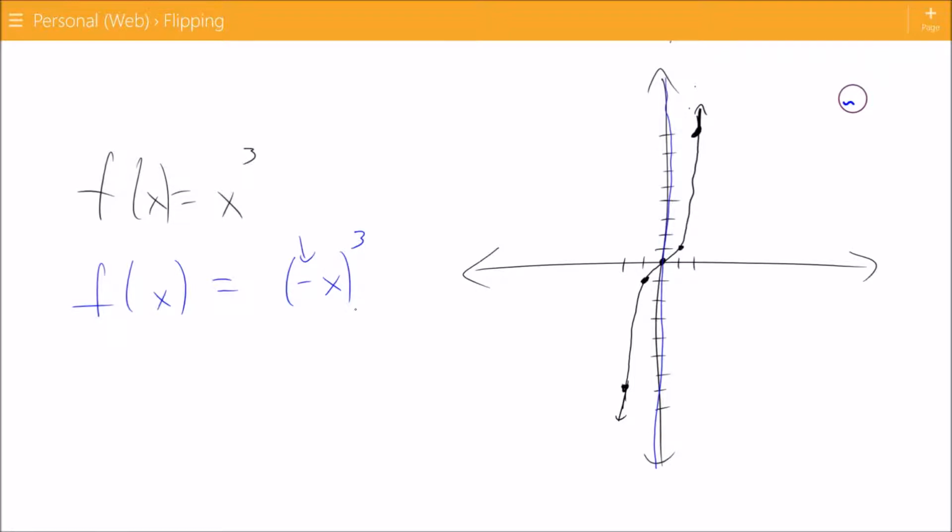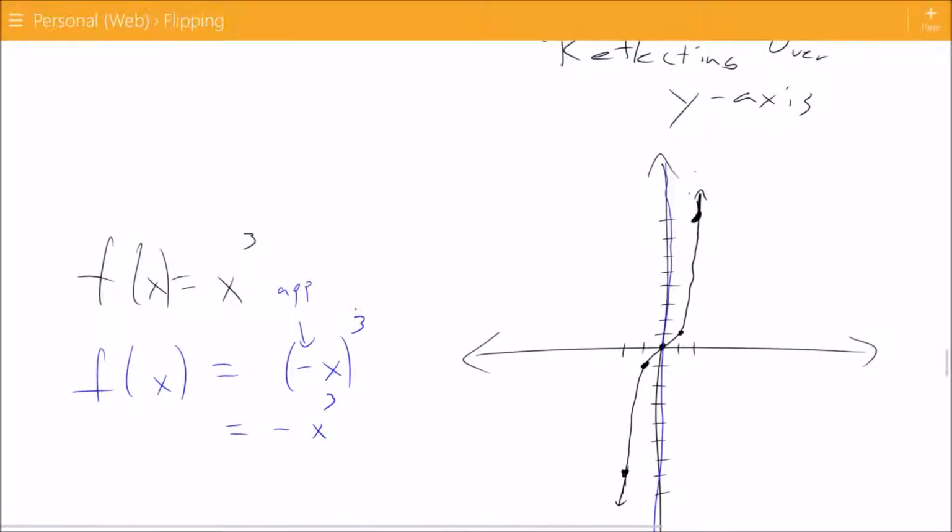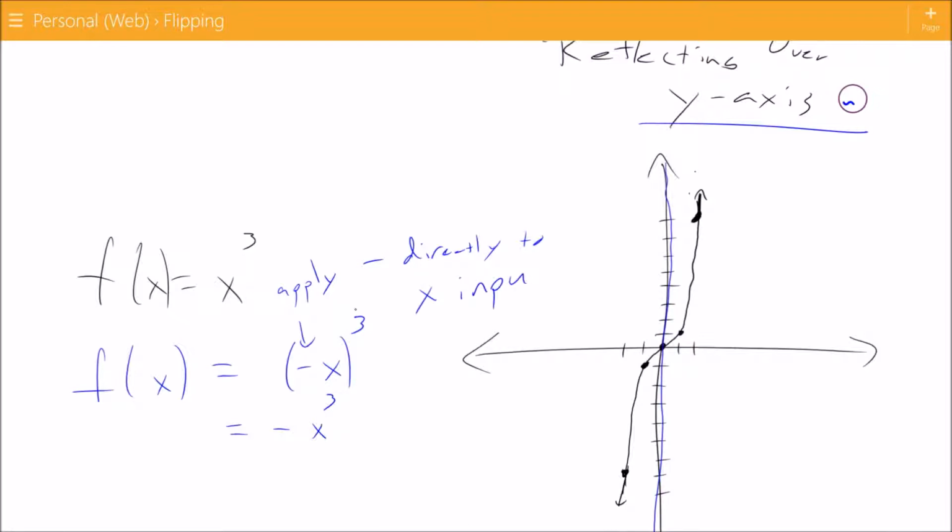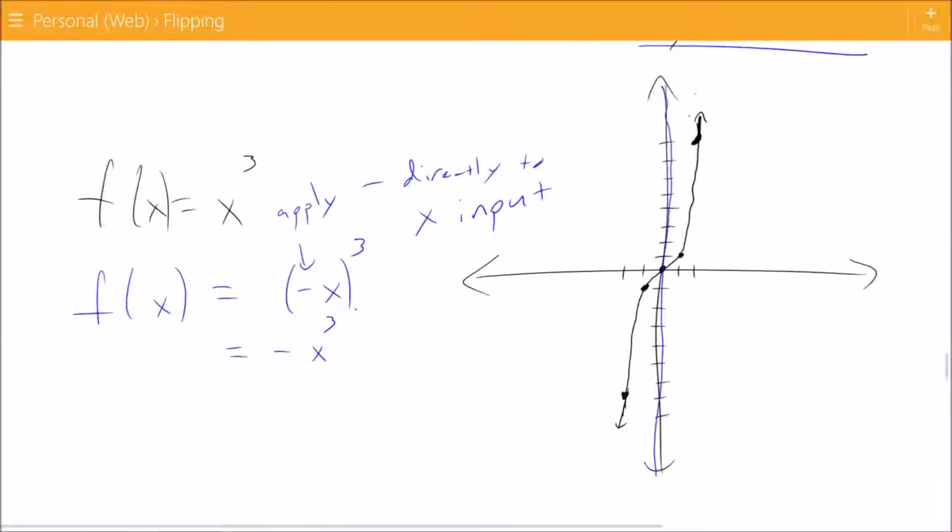Simplified out, actually, it does tend to be negative x cubed, but just know when you're reflecting over the y-axis, apply the negative directly to the x input. Wherever you see that, apply the negative.